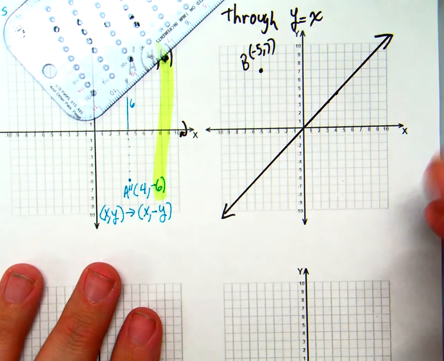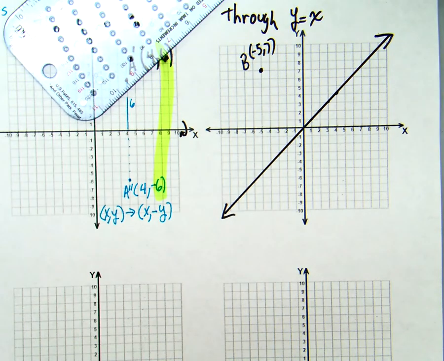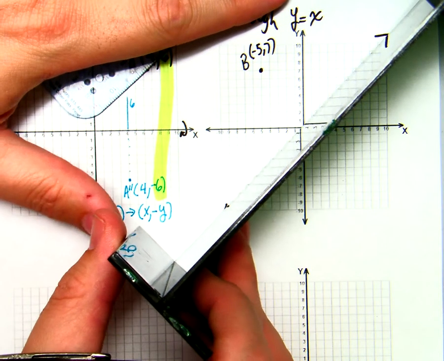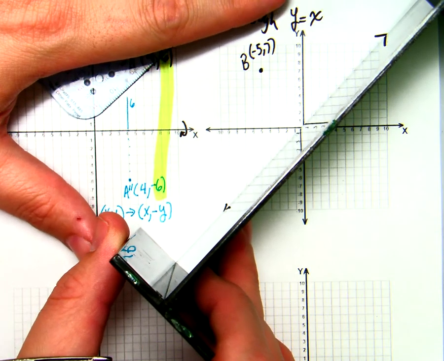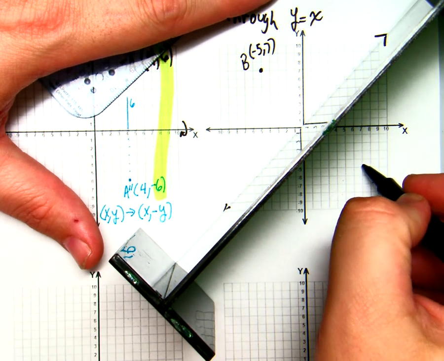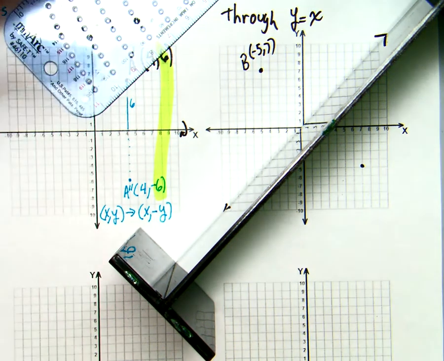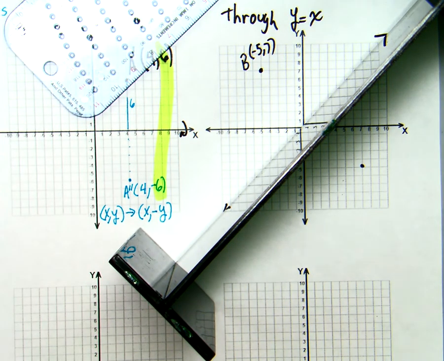Now, you can use your georeflectors to figure out where this is going to go. We'll take that, we'll put the georeflector right on the line. And then you put a point right where you kind of see through it. You're having some issues with those sides, aren't you?